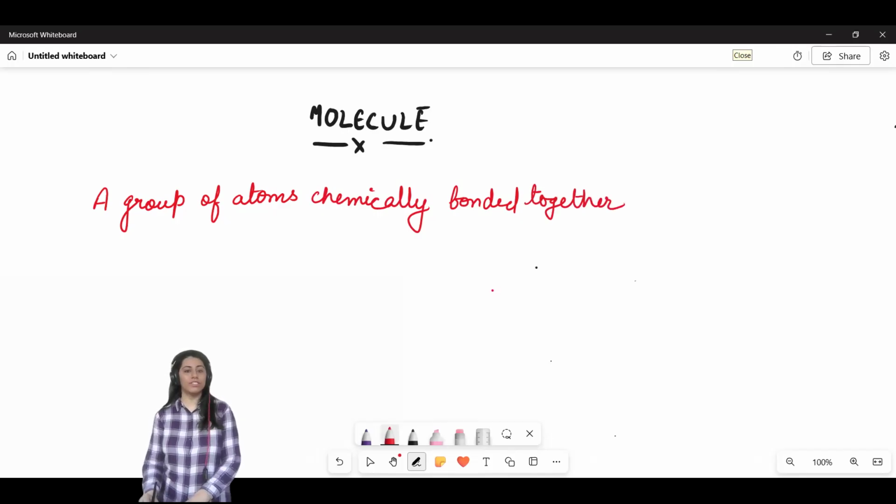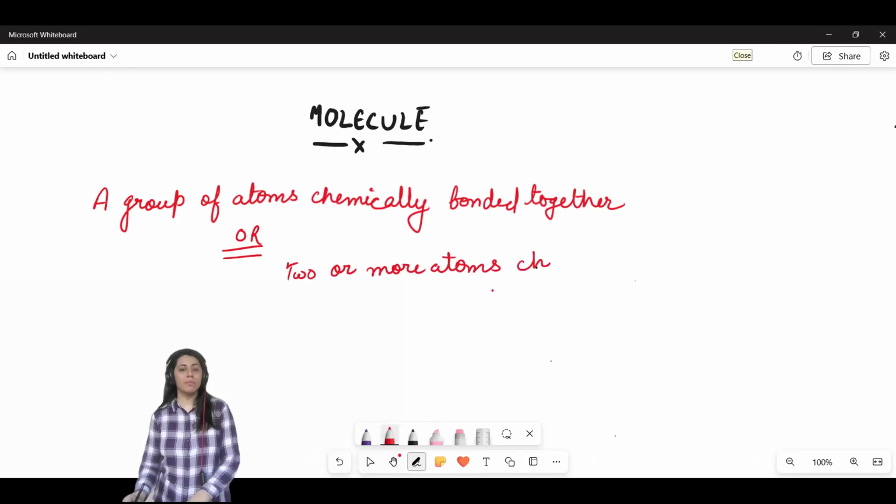Or we can also define it as two or more atoms chemically bonded together. Now let's understand what it means.